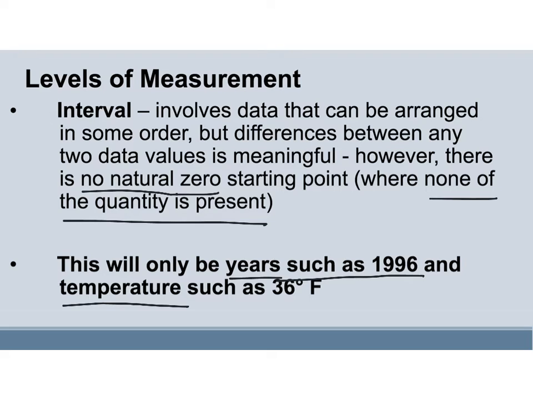There's no time when time didn't exist. So even if we named something 0, it doesn't mean time didn't exist then. So anything like years, as in 1996, or temperatures like 36 degrees Fahrenheit, is interval data.